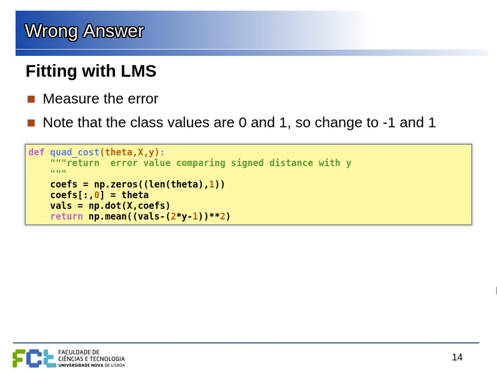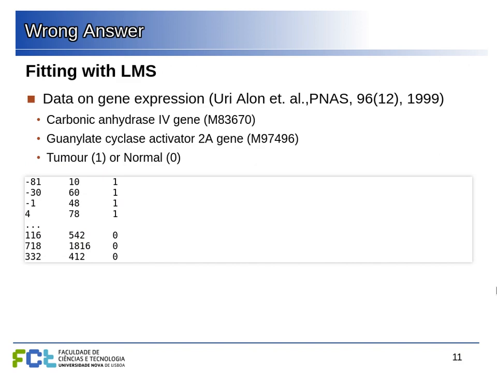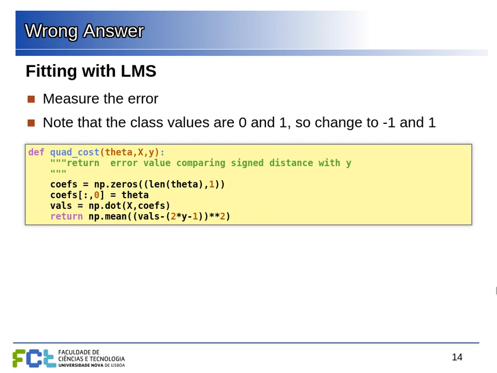So in this case, our data set has labels 0 and 1, but we are assuming that we want class -1 on the negative side and class 1 on the positive side. But it's easy to convert that by multiplying the class label by 2 and subtracting 1. So if the class label is 0, this is -1. If the class label is 1, this is 1.